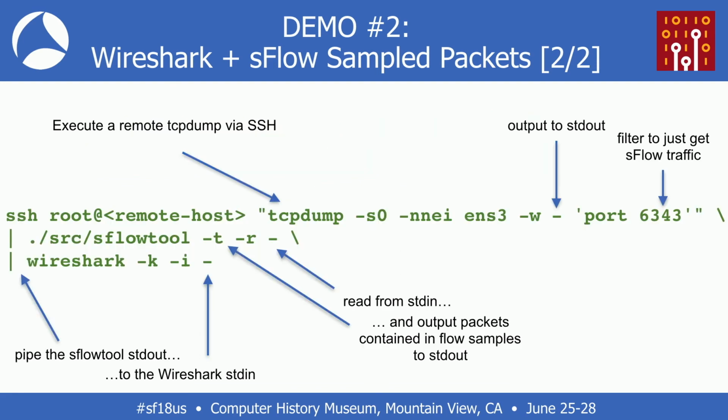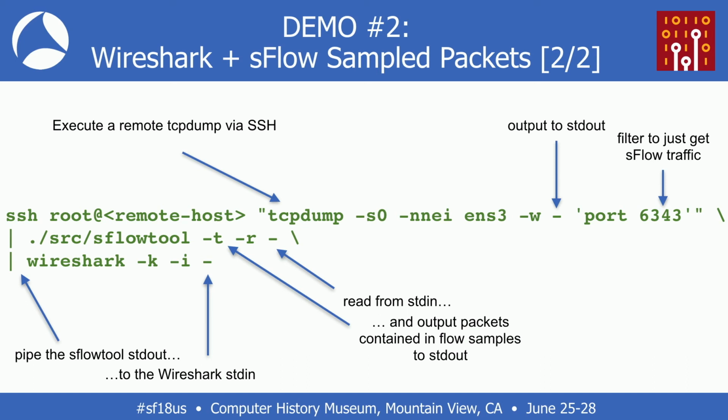Again, we use the same command as before, but I add an extra piece of software in between, called sFlow tool, which I mentioned earlier in this presentation. I use sFlow tool to peel the sFlow packets to only get the inner samples contained in sFlow.